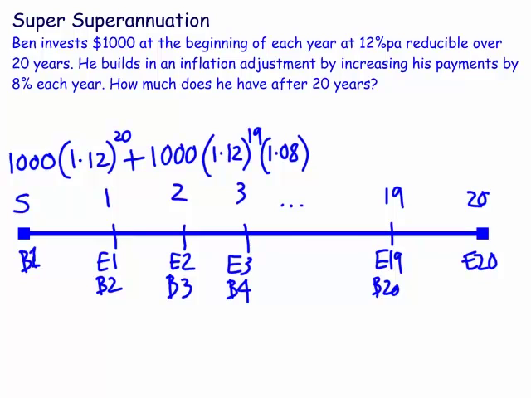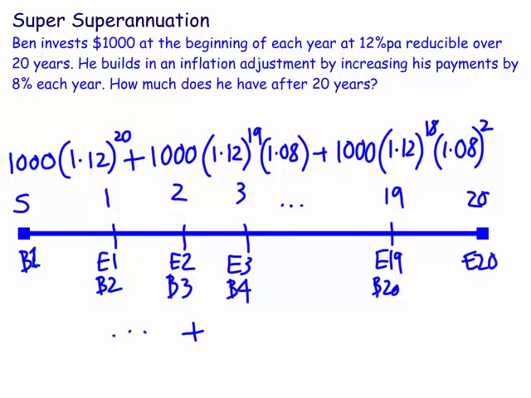The next amount, $1,000, would only go through for 18 years, but now I've increased it by another 8%. So interestingly enough, I'm developing a series. Let's keep going.